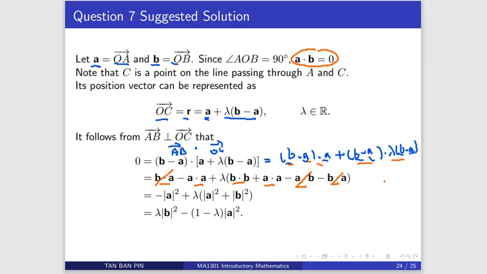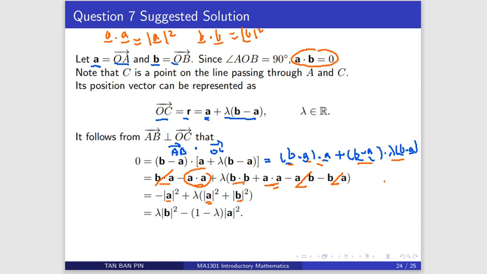Then remember we have the result, A dot A is magnitude A squared, and B dot B is magnitude of B squared. So A dot A and B dot B will give you these 2 terms here.